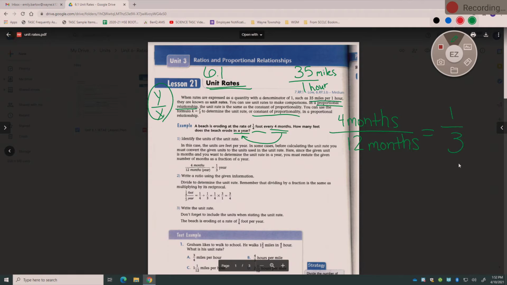We're just reducing our fraction, right? 4 over 12 is the same as 4 over 4 times 3, so our 4's can cancel out. And we don't have an empty space up here in our numerator. We've got an implied 1, right? So that 4 over 12 is the same as 1 over 3.